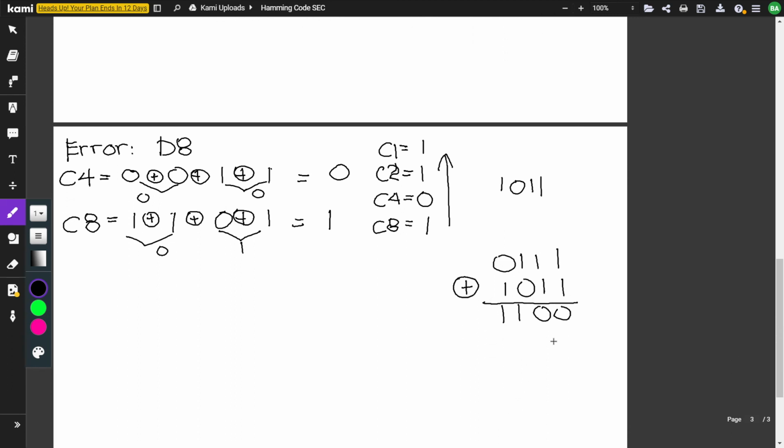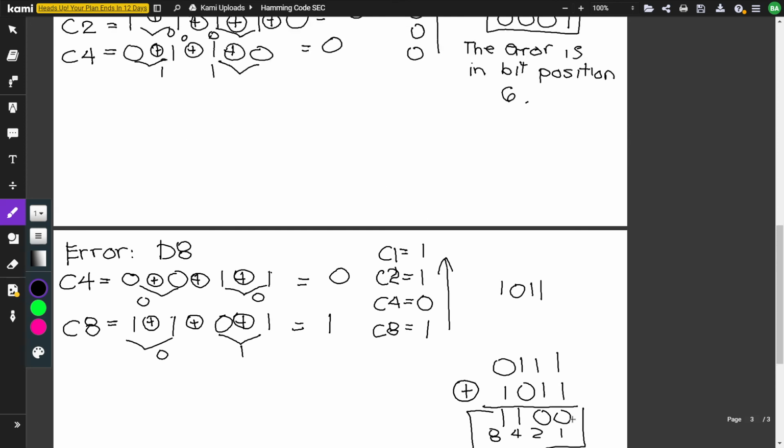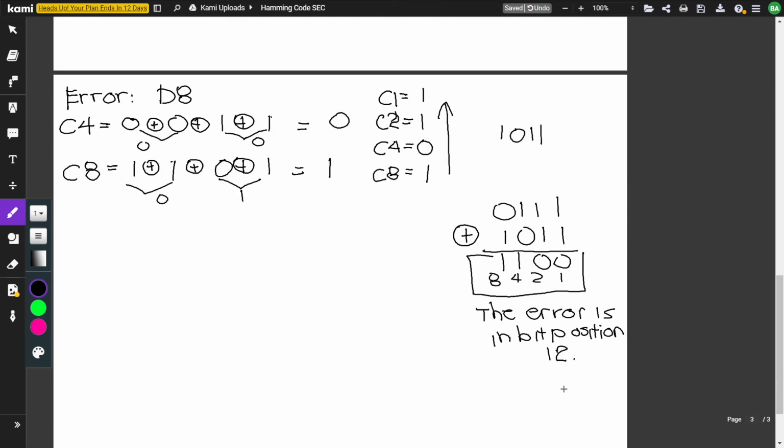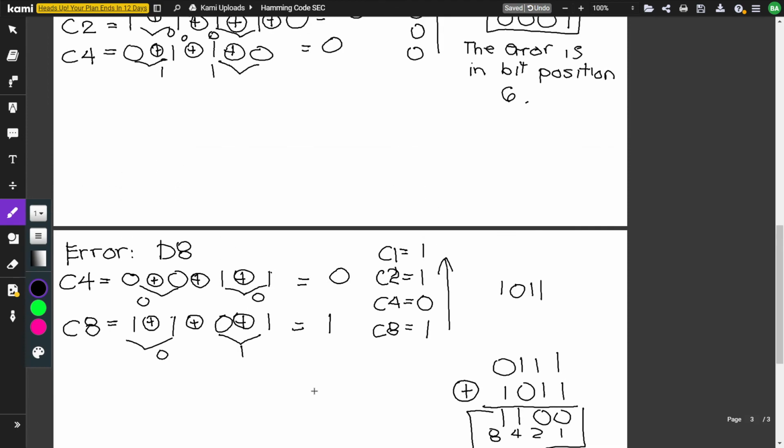So 1100 is 1, 2, 4, 8, 8 plus 4 is equal to 12. So it means we have already proven that the error is in bit position 12.